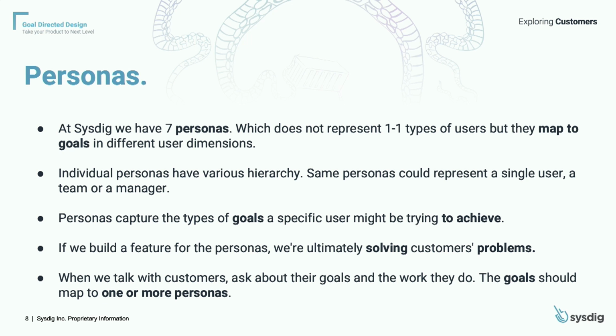For example, one user persona represents several dimensions. If I take DevOps, it represents also DevOps, dev teams, and also a dev manager. So user personas summarize goals that each user wants to achieve, and sometimes it's a group of goals in different dimensions.